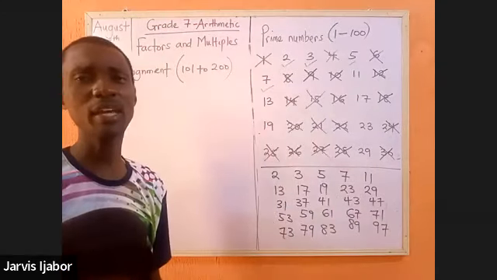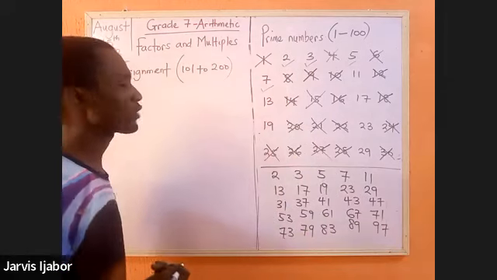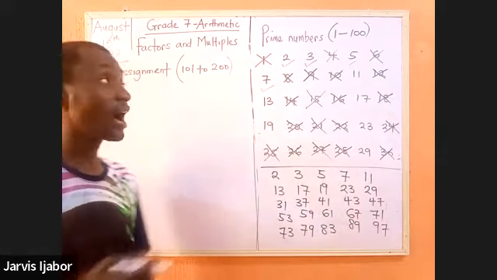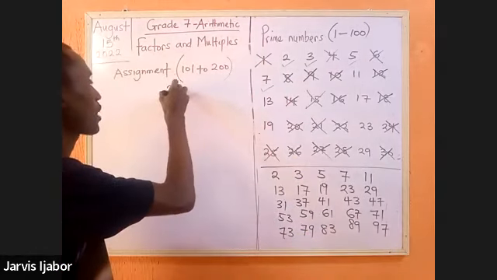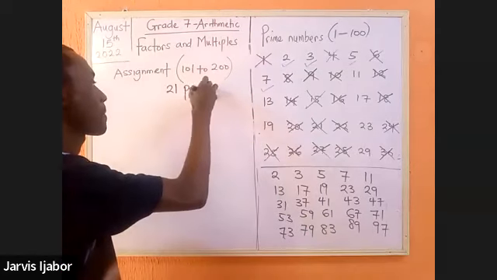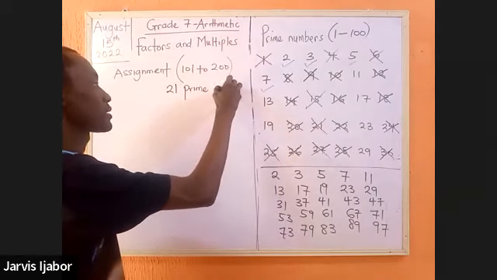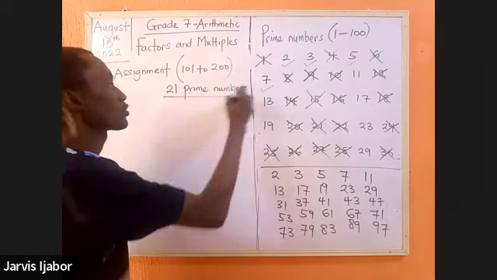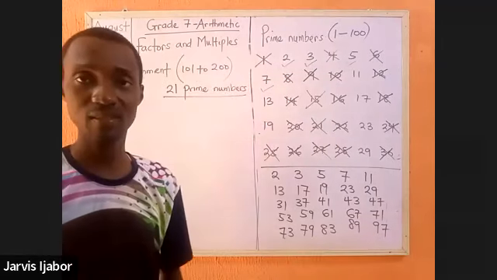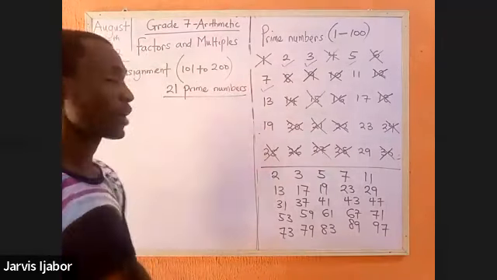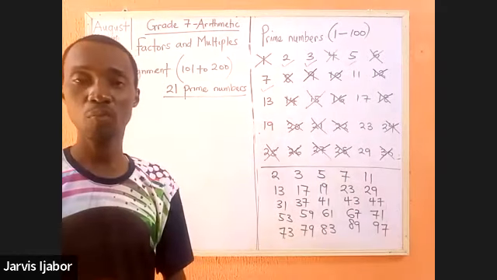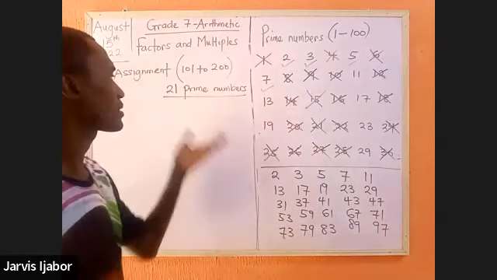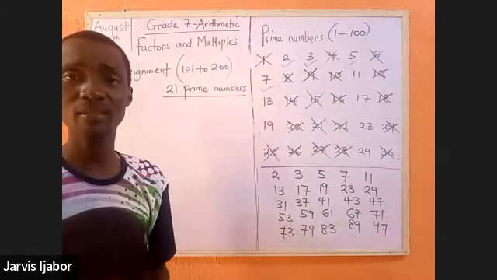I'll just give a little hint. Between 101 to 200, you have 21 prime numbers. So try it out and see how you're going to get them done.